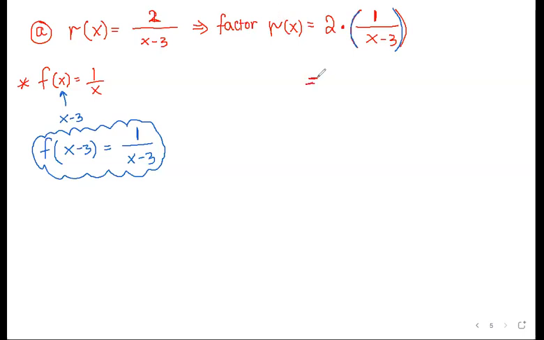So inside the parentheses, 1 over x minus 3 is the same as f of x minus 3.